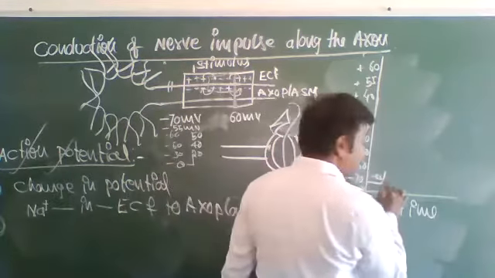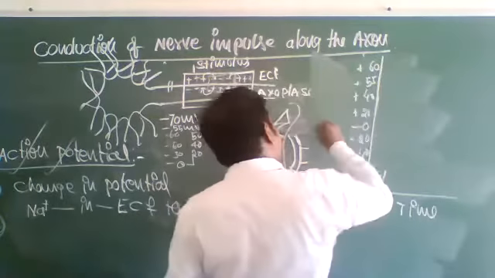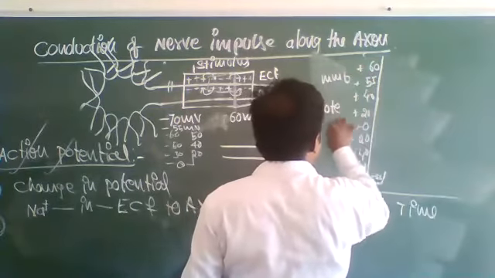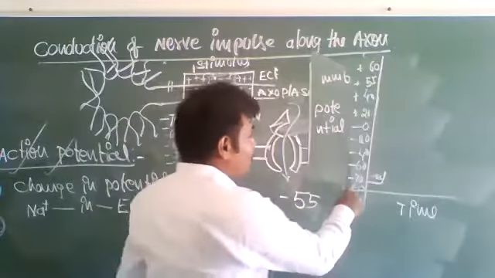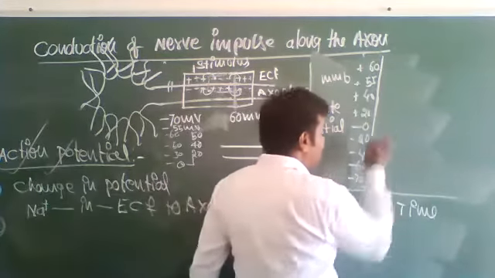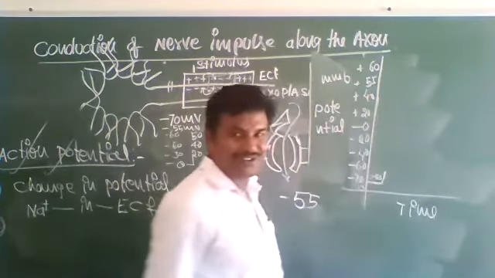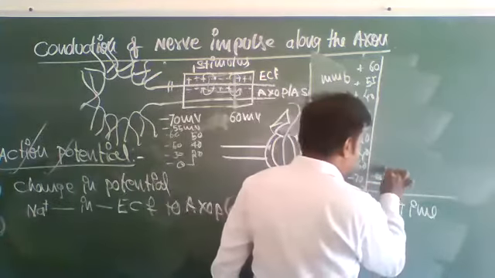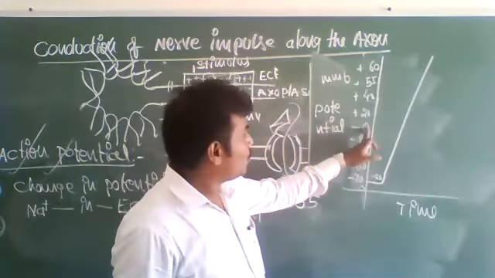So this indicates the membrane potential. Progressively, as I said, the membrane potential becomes less: minus 70, minus 60, 40, 20, 0. It reaches 0.